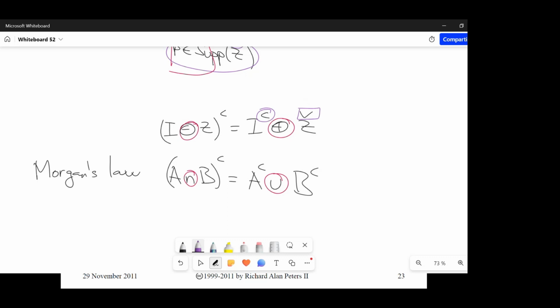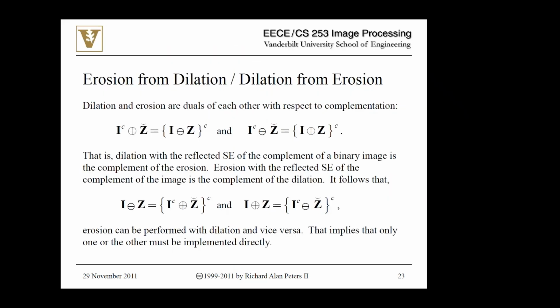So it behaves like De Morgan's laws. The complement of these is the opposite operator.